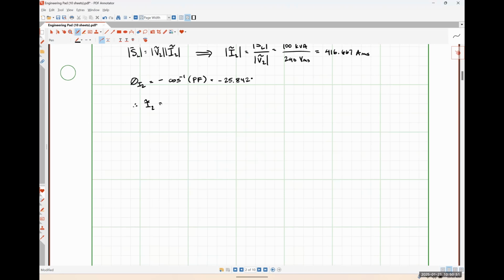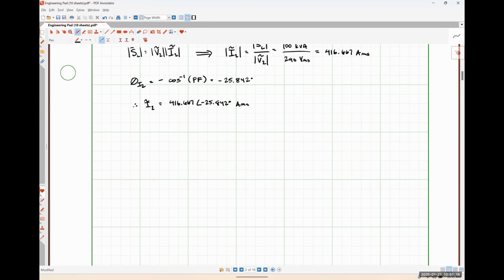And putting these two pieces of information together, we are going to have I2 is equal to 416.667 with an angle of negative 25.842 degrees amps RMS.